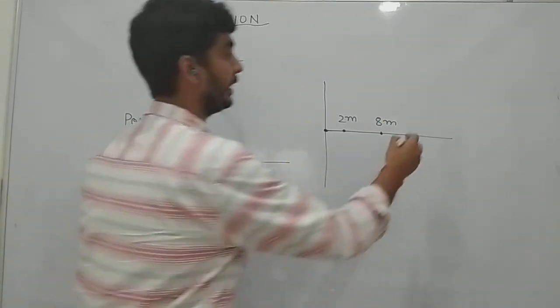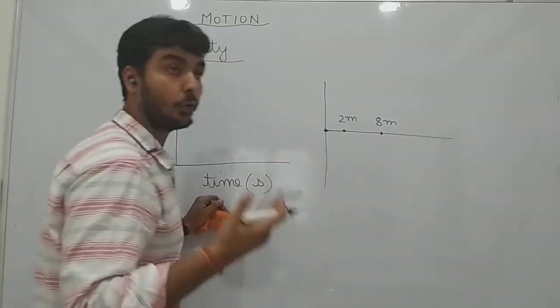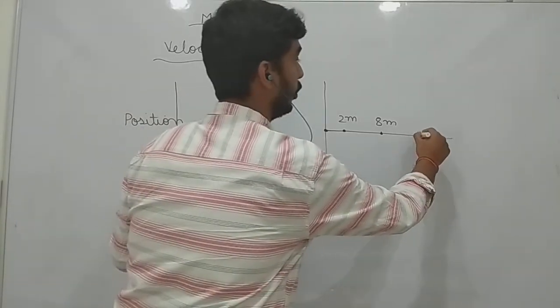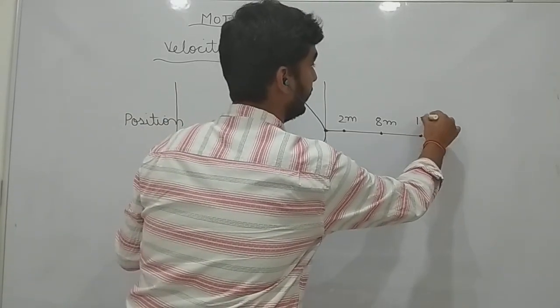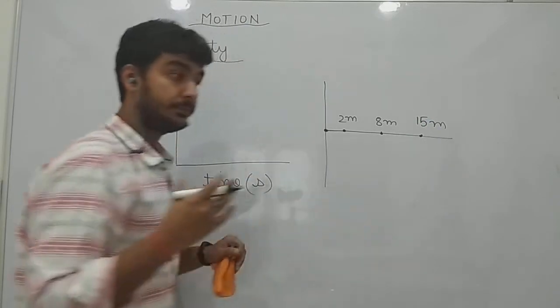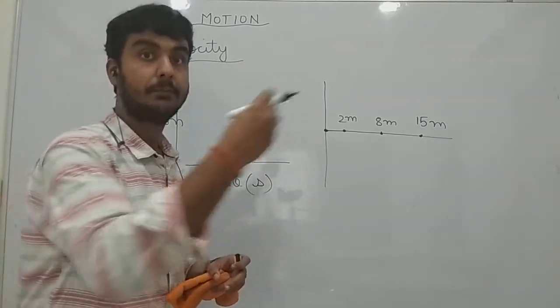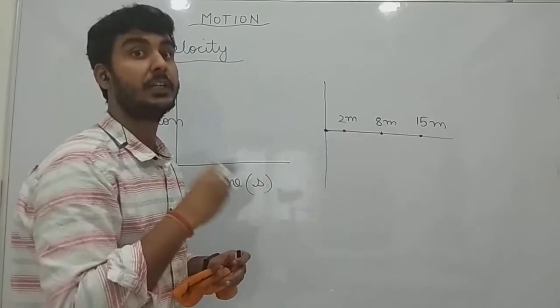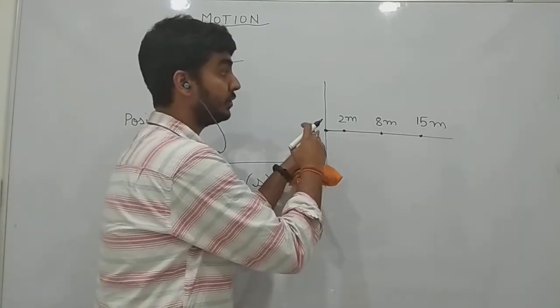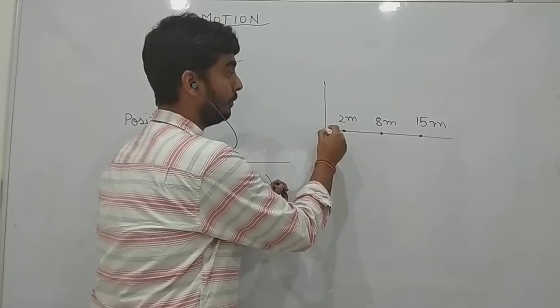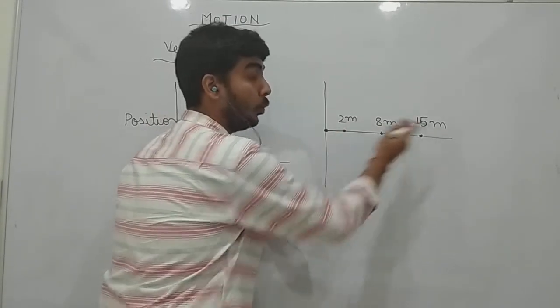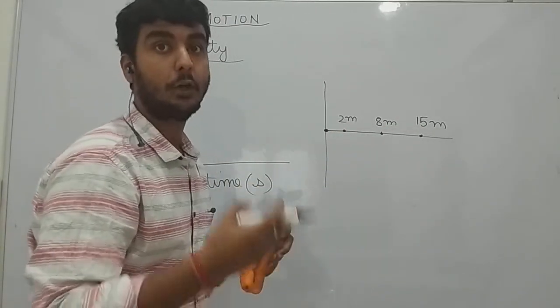In the third second, when my stopwatch says 3 seconds, the object is at 15 meters. I am seeing the time on my stopwatch and noting the position.